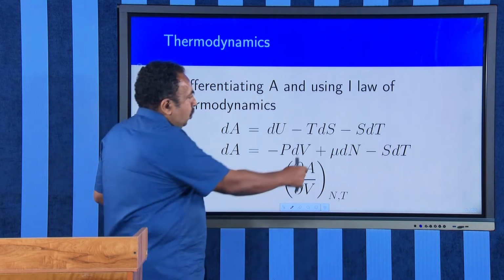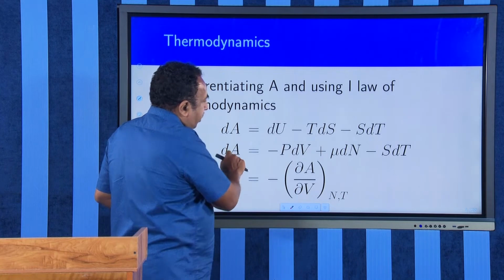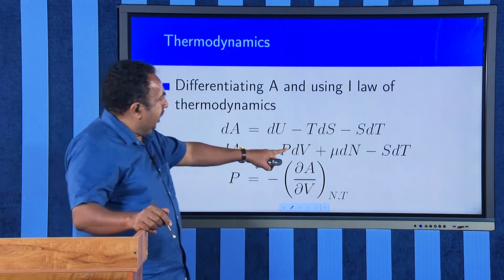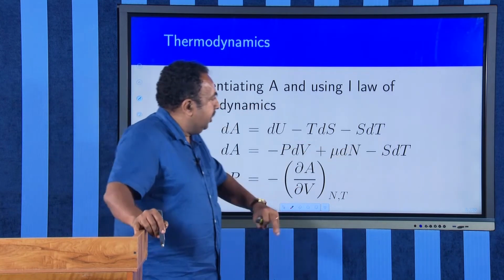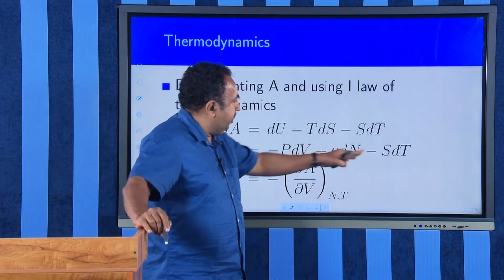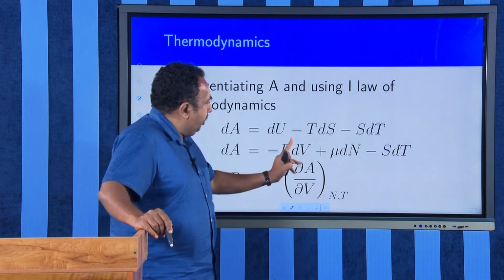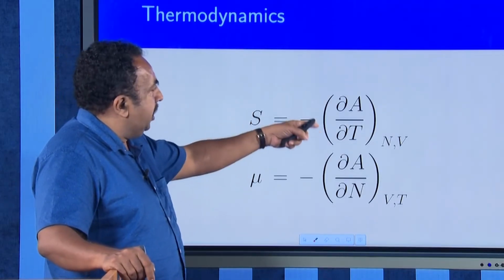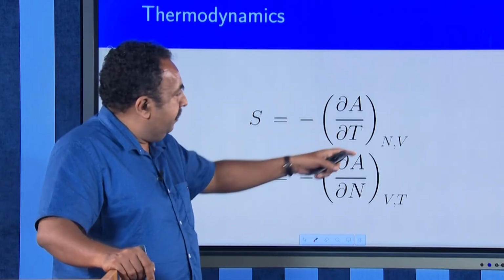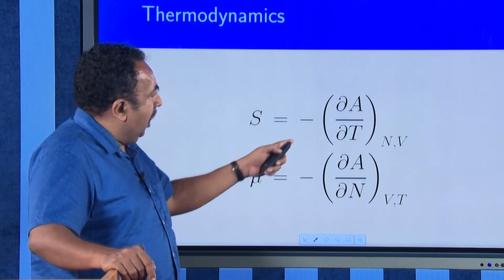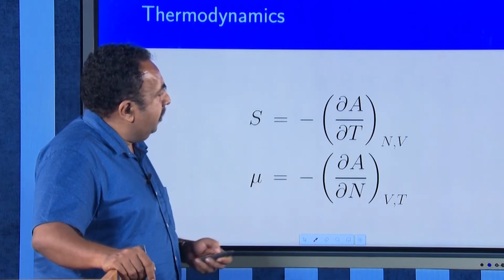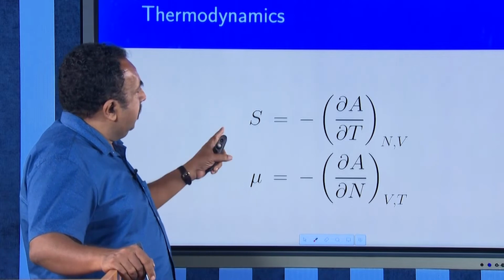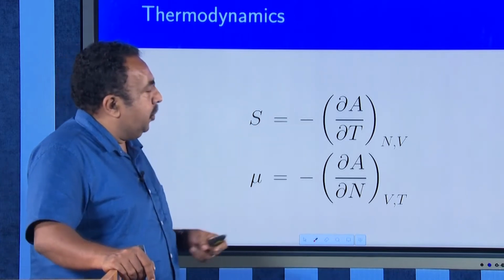Similarly, mu can be obtained by taking the partial derivative of A with respect to N, keeping volume and temperature constant. And entropy you can obtain from dou A by dou T, keeping V and N constant. Therefore, S is equal to minus dou A by dou T, keeping N and V as constants. Mu is equal to dou A by dou N, keeping V and T as constants.